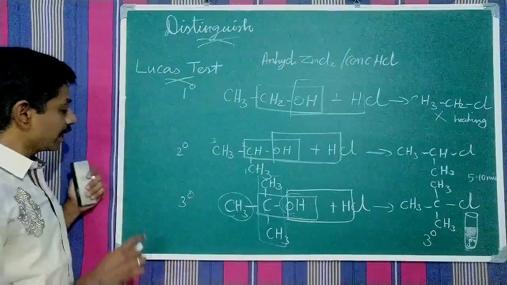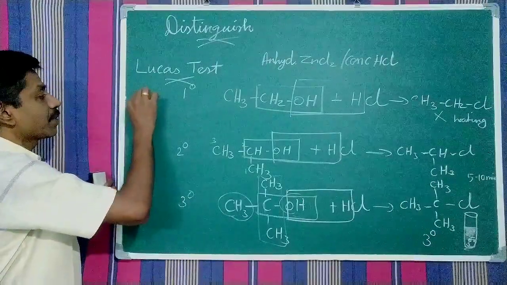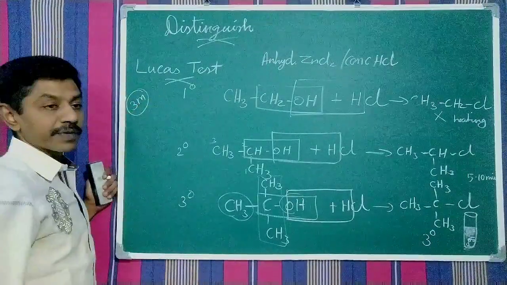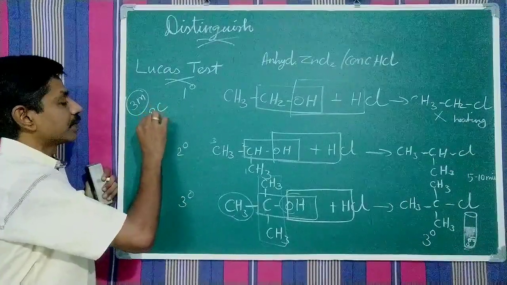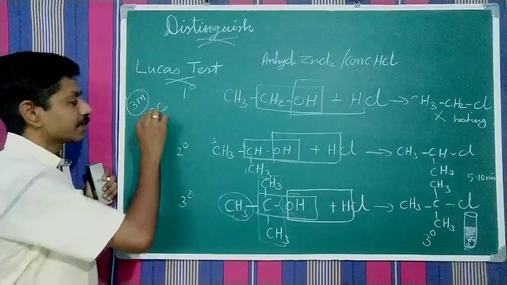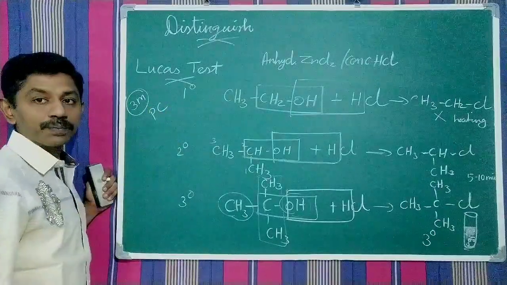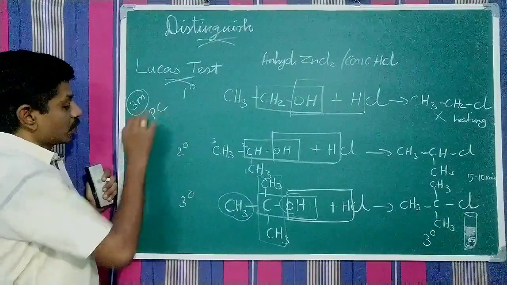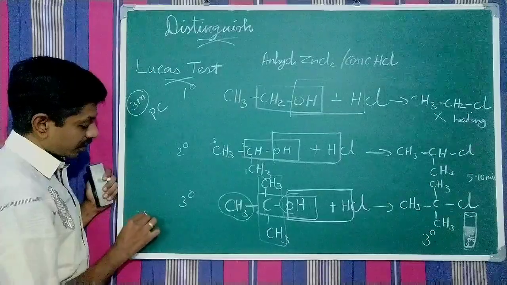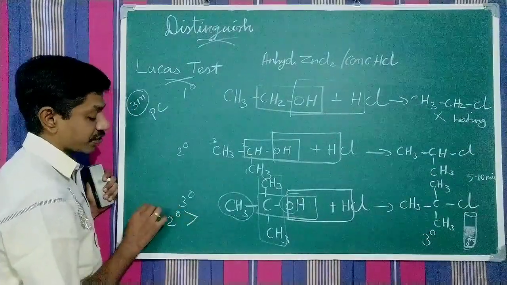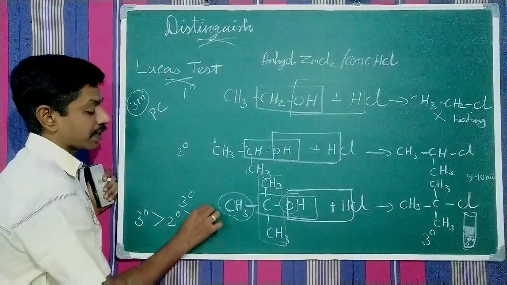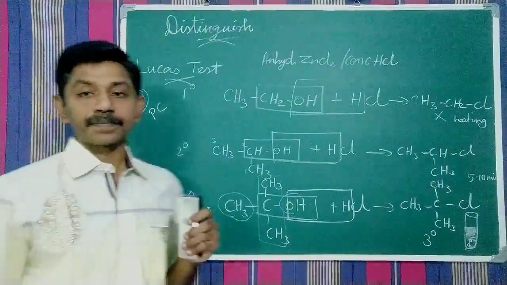So this is the simple way, and it can be asked as an important 3 mark question, or you can note it in your textbook as a problem clue. So the reactivity: tertiary alcohols are more reactive with the Lucas reagent than secondary, than primary.